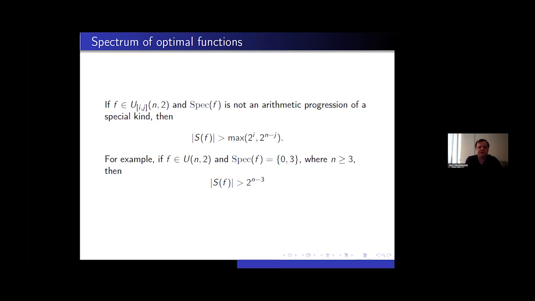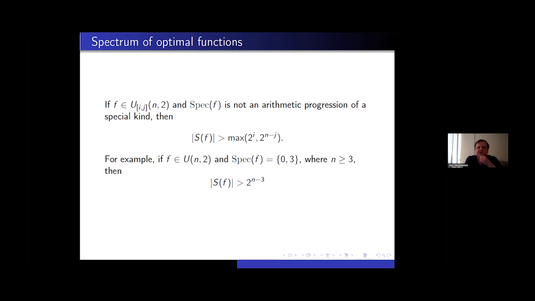For example, suppose f belongs to the space U_{i,j}, and the spectrum of f is not an arithmetic progression of a special kind, then this function is not optimal.